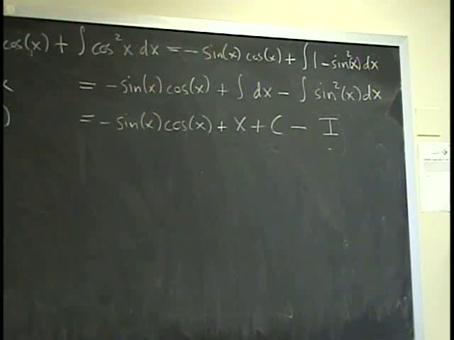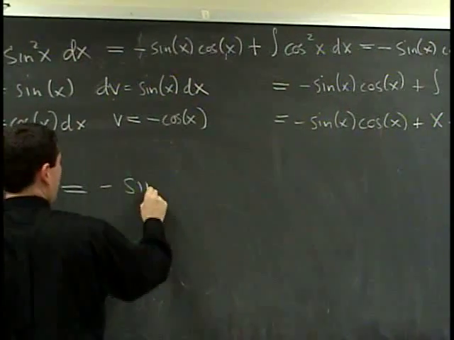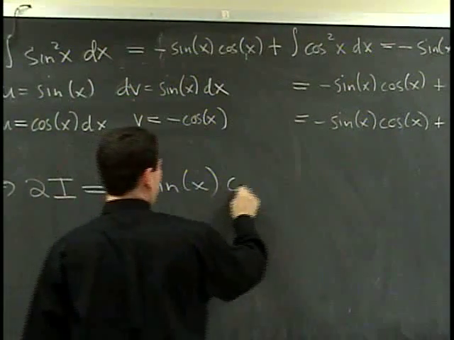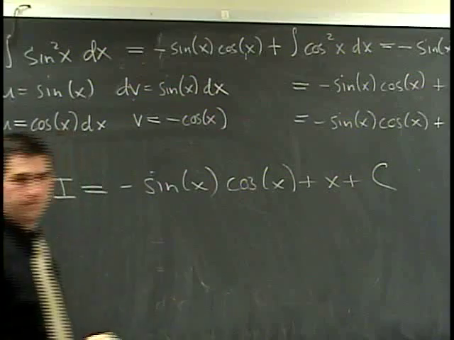If I add I to both sides, then I know that 2 I's, better than 1, 2 I's is minus sine of x cosine of x plus x plus c.